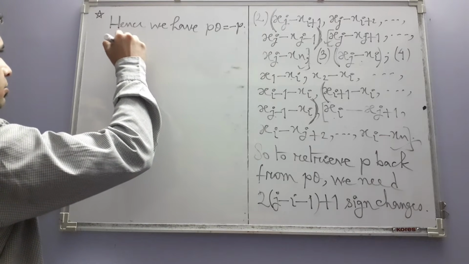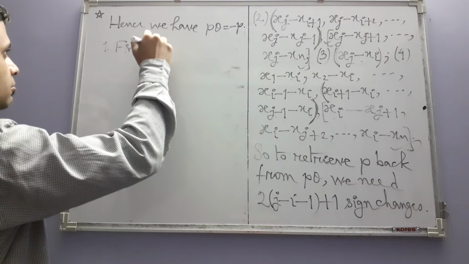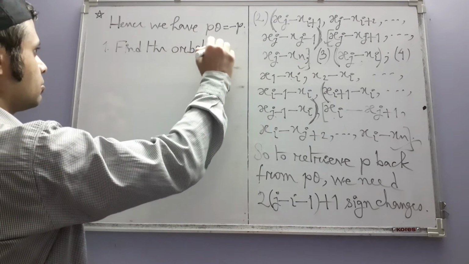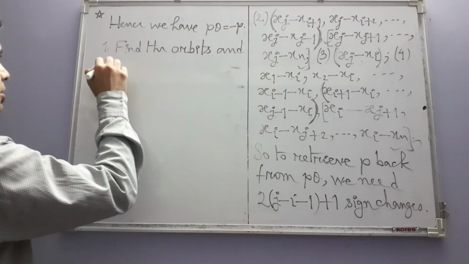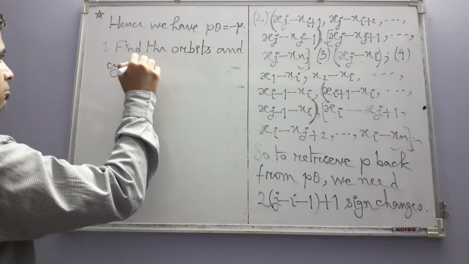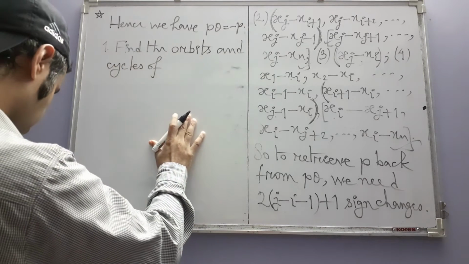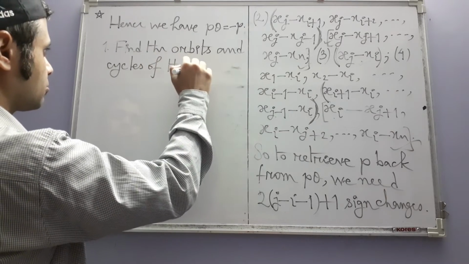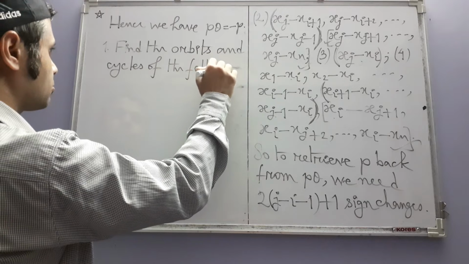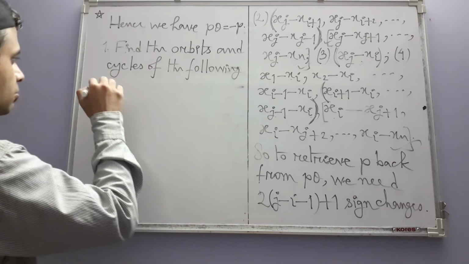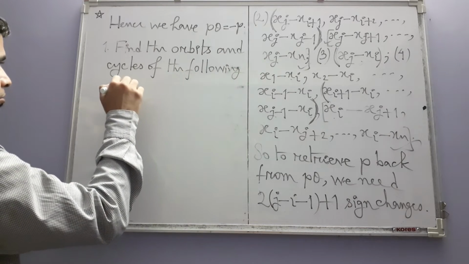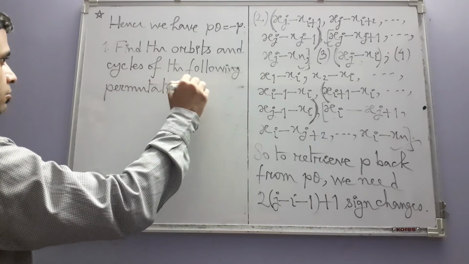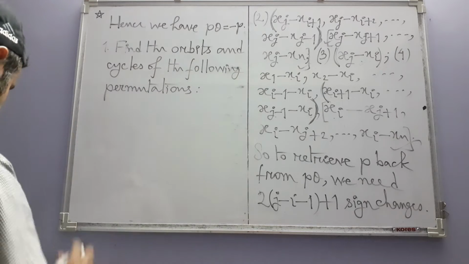Find the orbits and cycles of the following permutations. There are 2 given.